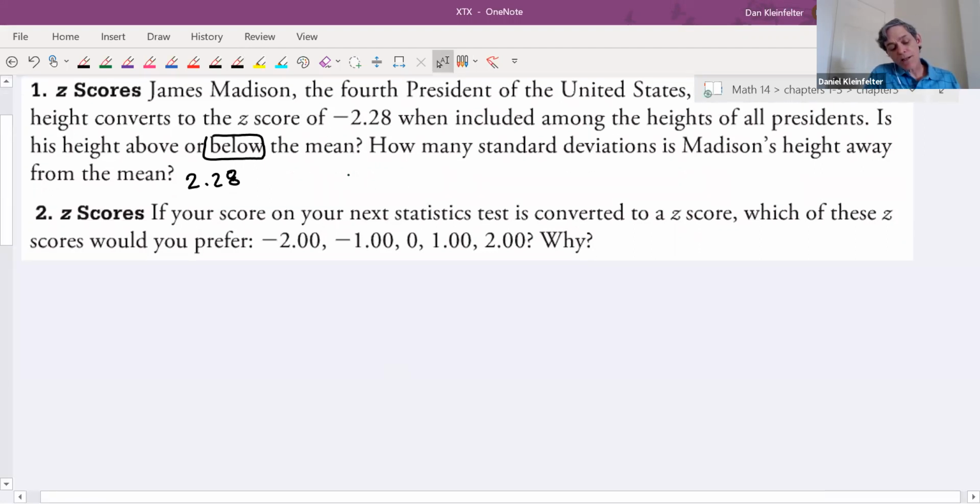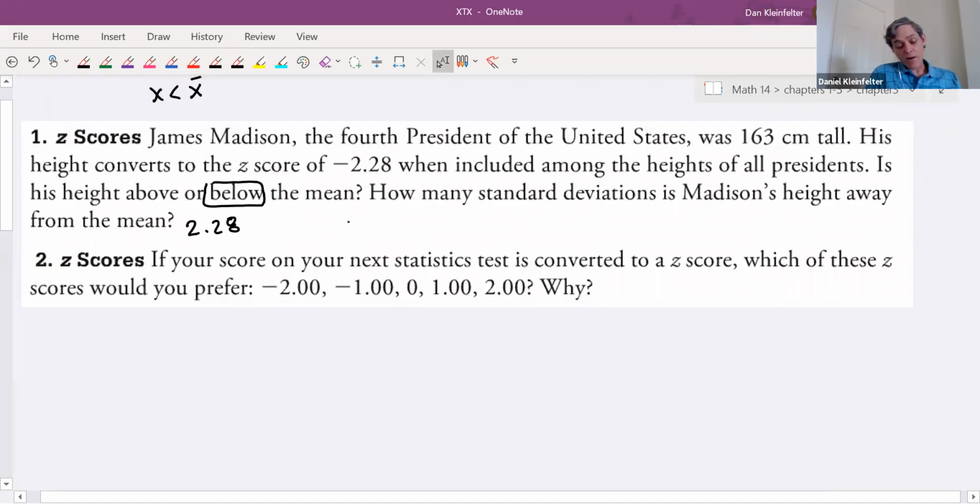Okay. All right, so let's say after I do our next test, which is coming up pretty soon, I convert everybody's tests to Z-scores. Which one of these Z-scores would you like if you could choose? -2, -1, 0, 1, or 2, and then why. Okay, so based on our discussion a minute ago with these presidents, Z-scores that are negative are below average.